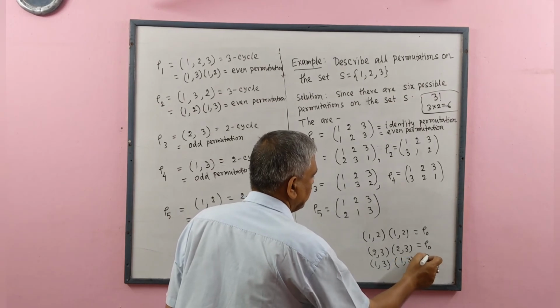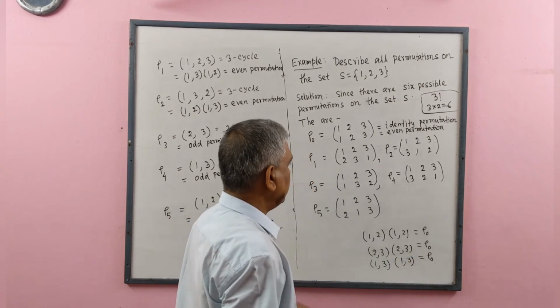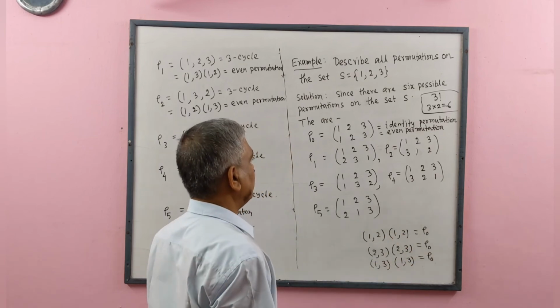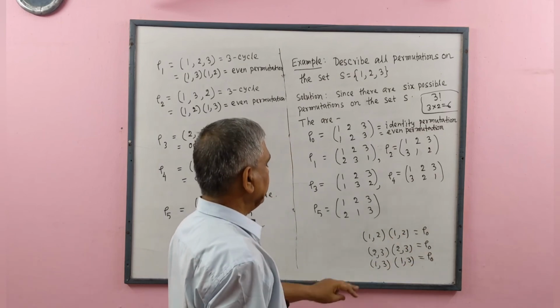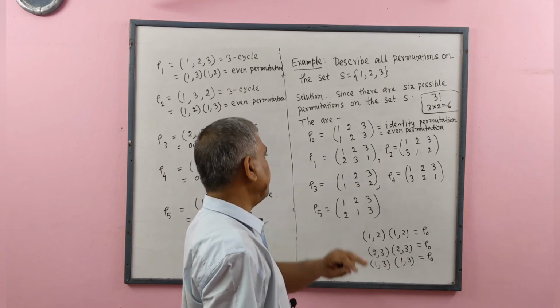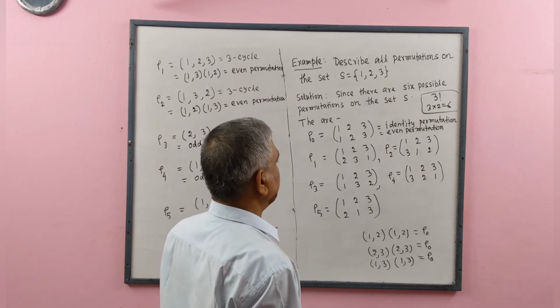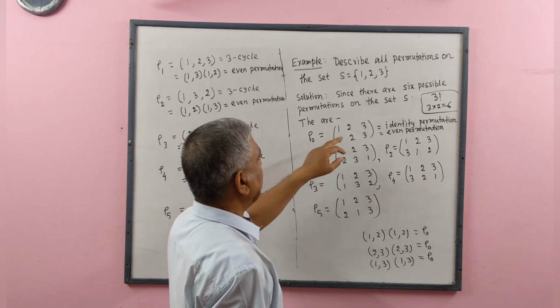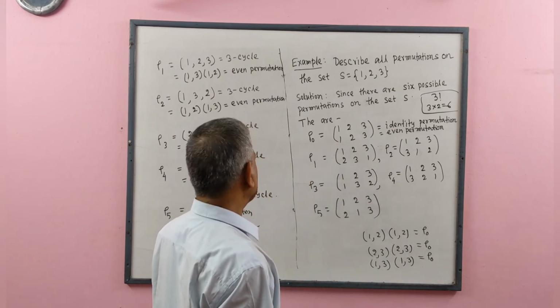In any way we may write the identity permutation as the product of two transpositions. So this is the product of an even number of transpositions. Therefore the identity permutation is an even permutation.